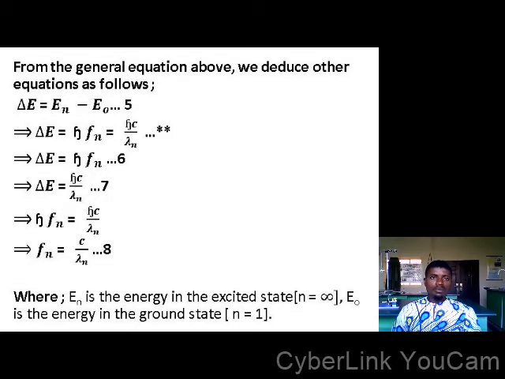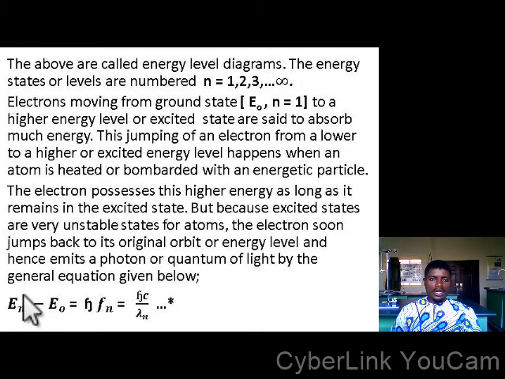So this equation, E_n, simply means ground state, higher energy level. The n is an arbitrary symbol, let me say a template that can fit in any higher energy level. And then the E naught stands for lower energy level, which is represented here by the ground state.